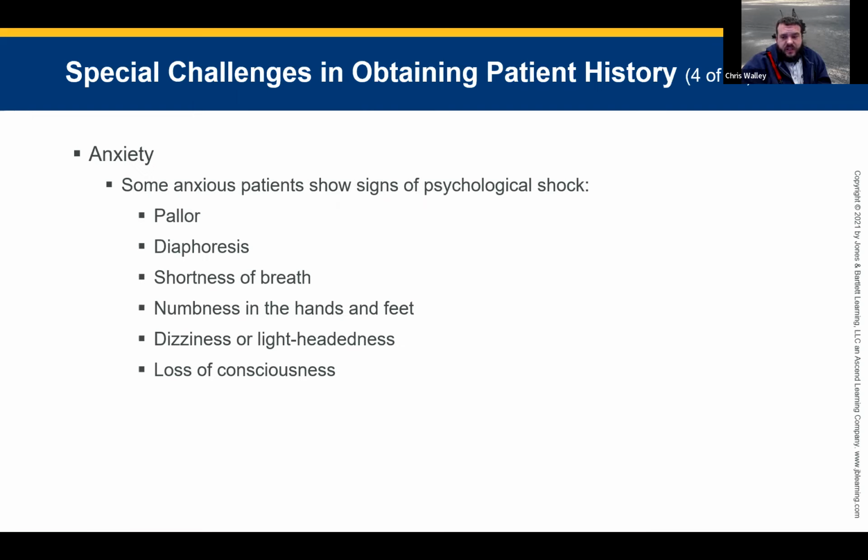Some anxious patients show signs of physiological shock, such as pallor, diaphoresis, shortness of breath, numbness to the hands and feet, dizziness or lightheadedness, loss of consciousness. Anxiety can be an early indicator of low blood sugars, shock, and hypoxemia or hypoxia.